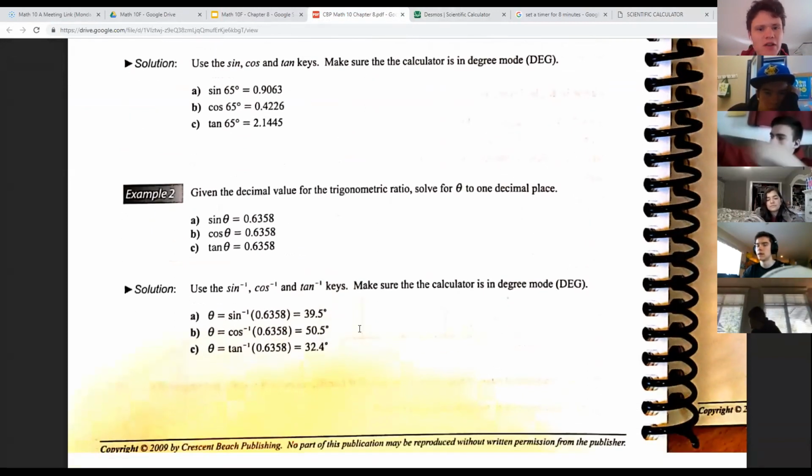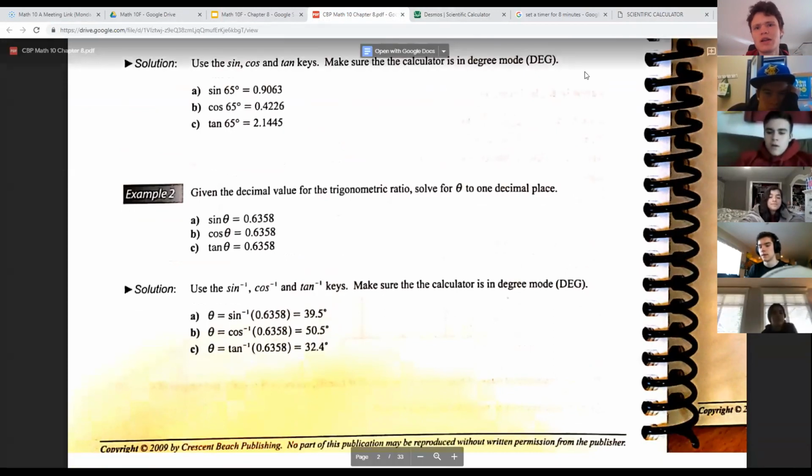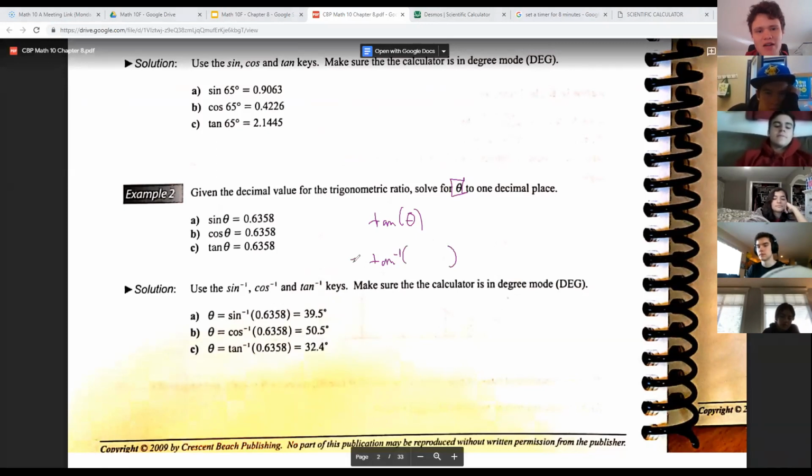Given the decimal value for the trigonometric ratio, solve for theta to one decimal place. So we learned that theta is often the input, right? But we have something that reverses the input and output. It's the inverse tangent. So when we're given a ratio, in order to find the angle, the angle will equal the inverse tangent of our ratio.